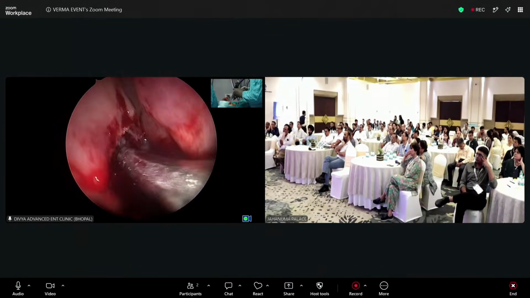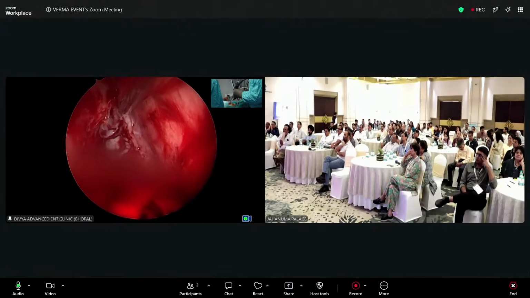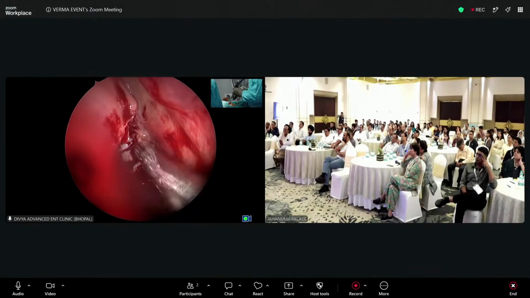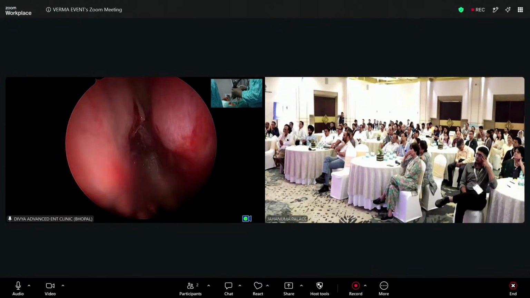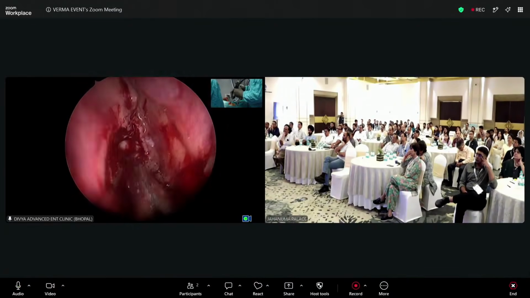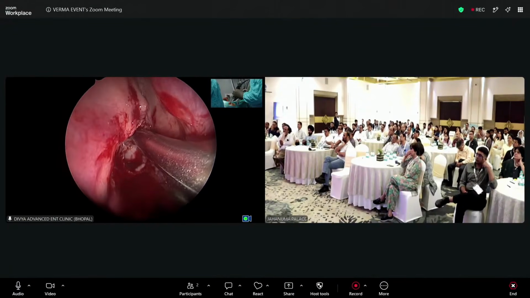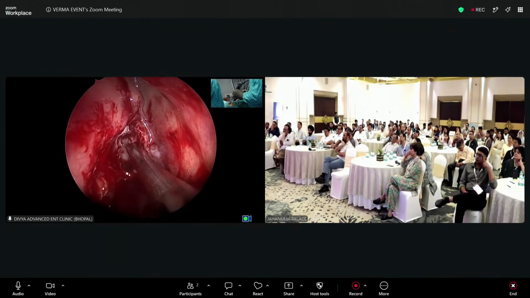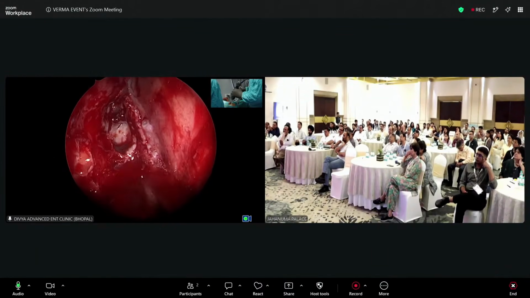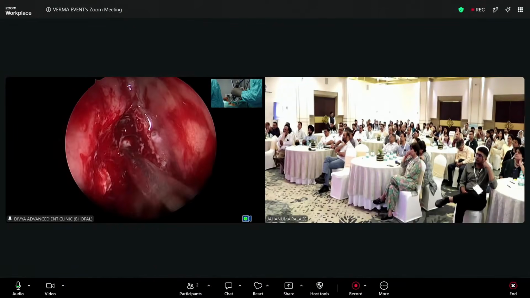See 70 degree, and this is the upper part of the turbinate. This is your skull base. See all the way from behind, skull base, skull base.